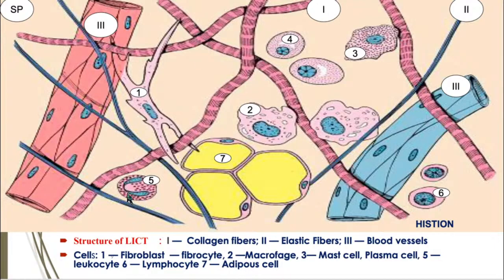And last, we have seen here the granulocytes. Maybe neutrophils, maybe eosinophils, but it's not important for us.